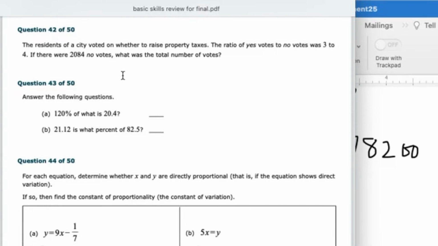The residents of a city voted on whether to raise property taxes. The ratio of yes votes to no votes was 3 to 4. If there are 2,084 no votes, what was the total number of votes?